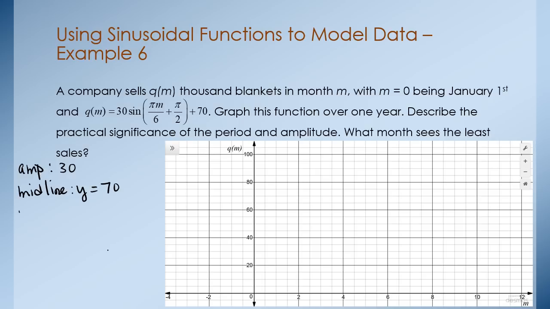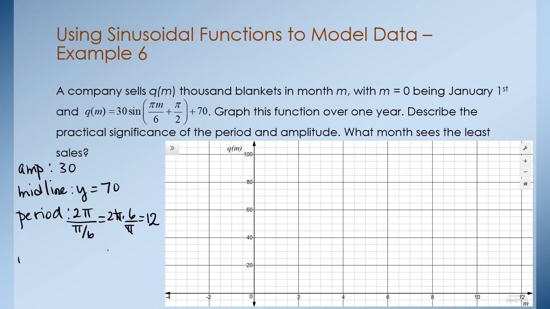And let's see, the period is 2 pi divided by pi over 6, which is the same thing as 2 pi times 6 over pi. So it didn't look real nice, but when we simplify it, we get 12.